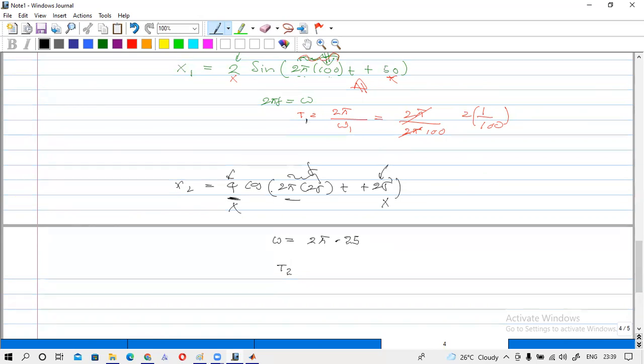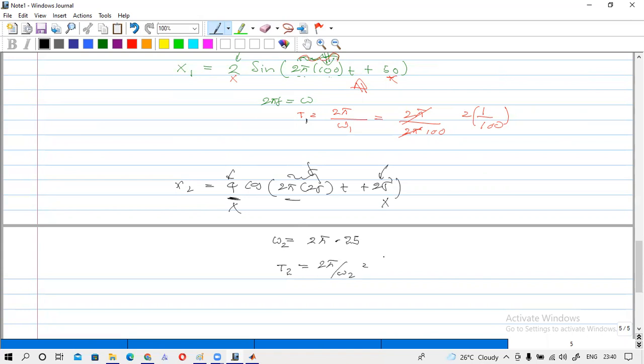Now the period of the second cos signal, T2, in the same manner, is 2π by omega 2, and that is 2π by 2π times 25. So it is 1 by 25. Okay, this is T2.